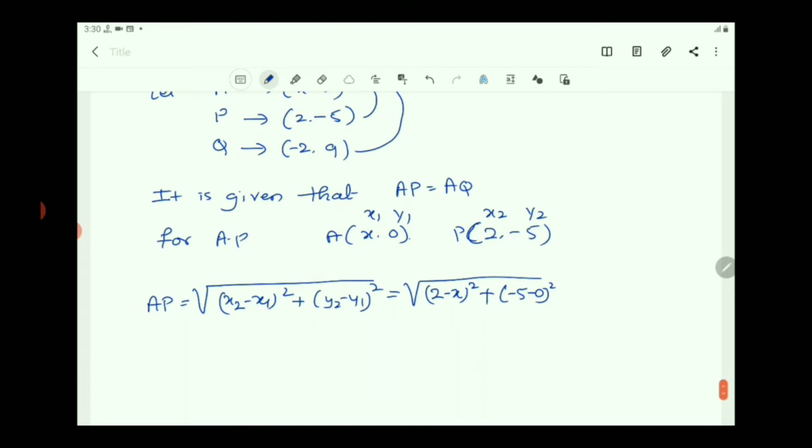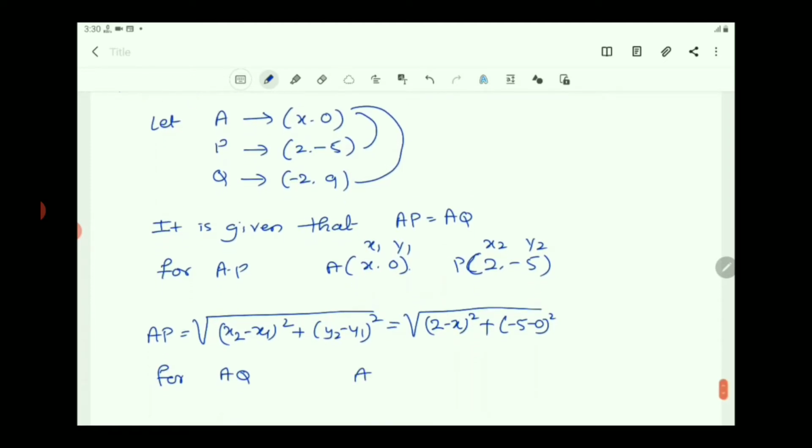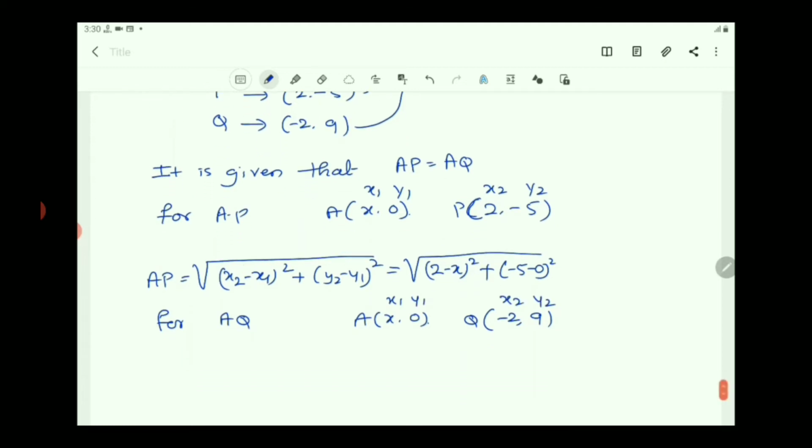Now you consider this is AP. Next for AQ, the points are A with the coordinates (x, 0) and Q with the coordinates (-2, 9). So you write x1, y1, x2, y2.